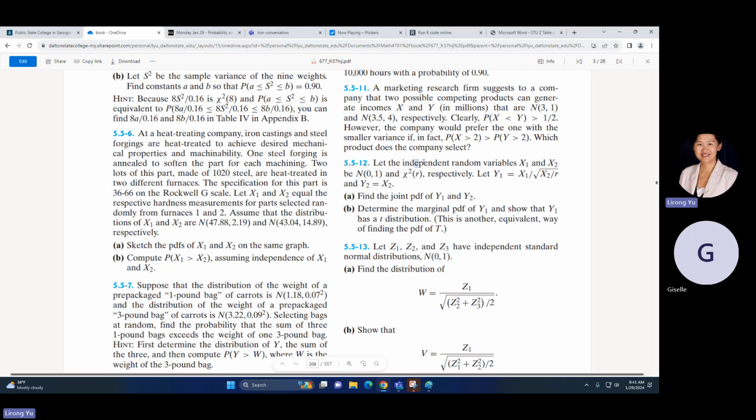So you can multiply the density functions for X1, X2. Because of independence, you're allowed to multiply their densities, and that is the joint density for X1, X2. To find the joint density for Y1, Y2, you find the inverse transformation and plug in there. So we follow what's in section 2.